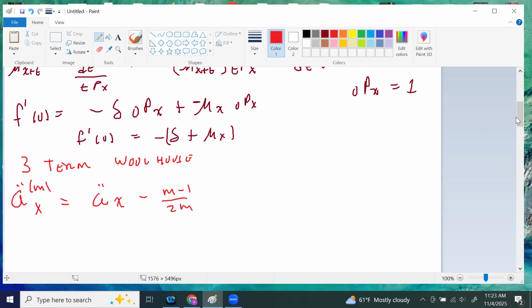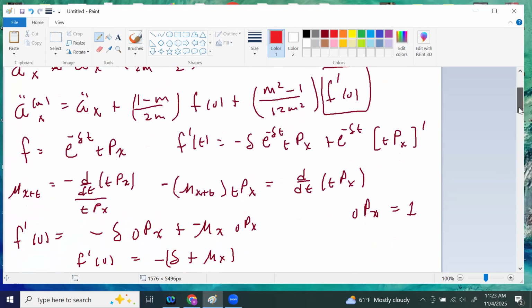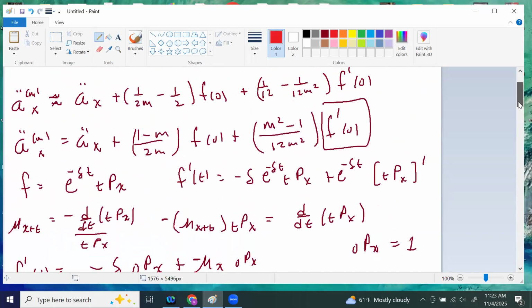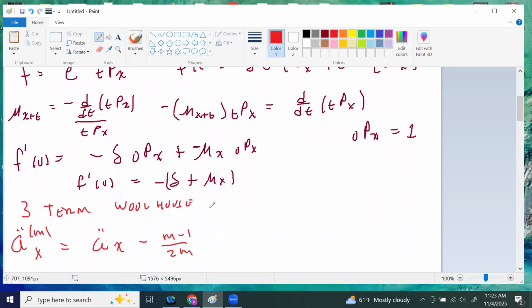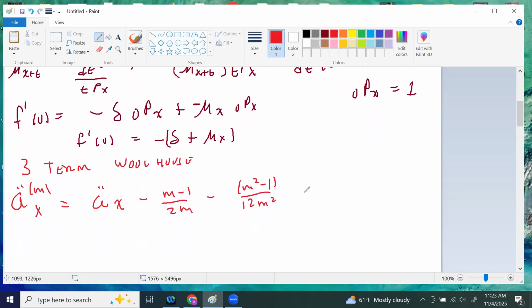And notice this is the same factor that you use in accelerated claims when you're talking about insurance. And f sub 0 is 1, minus m squared minus 1 over 12m squared. And the minus comes from this part right here: force of interest plus force of mortality at time x. So there you go. That's a derivation of the three-term Woolhouse.